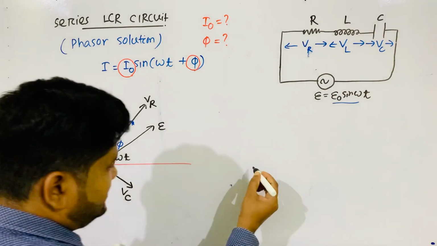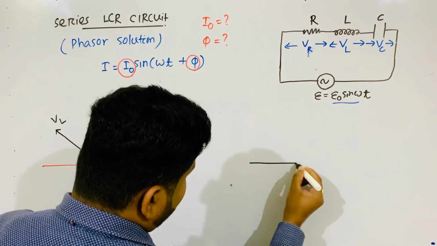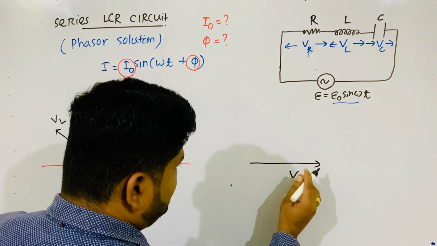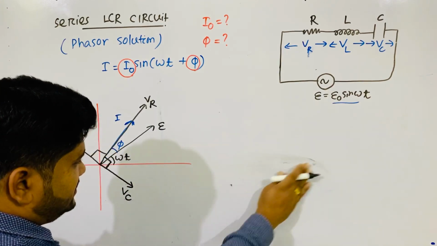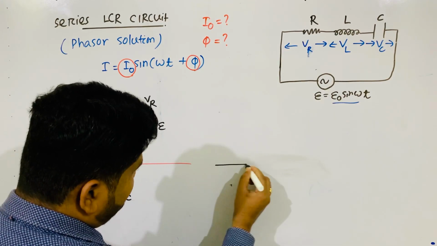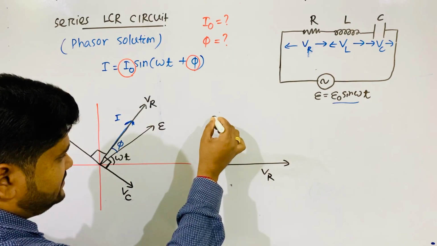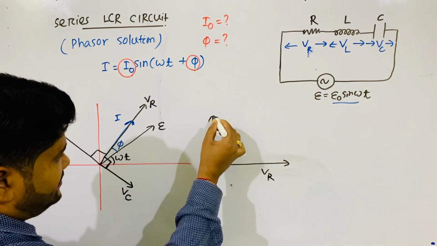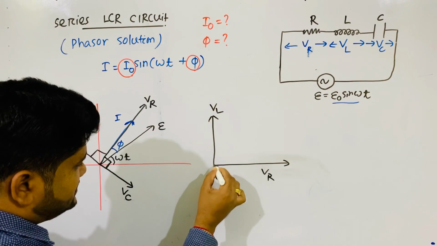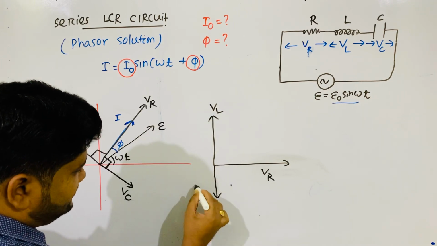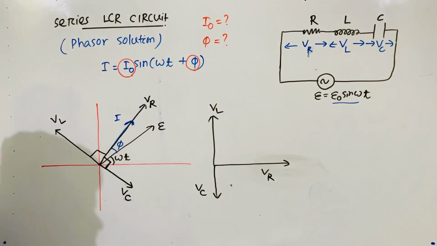Let's draw here. This is VR, this is VL, and this is VC. Clear? What I did?